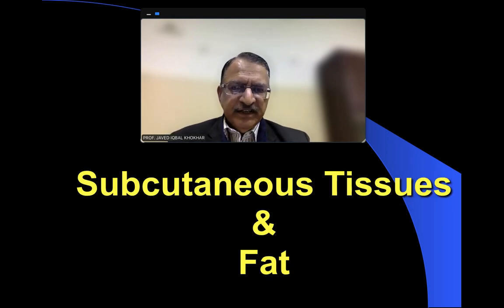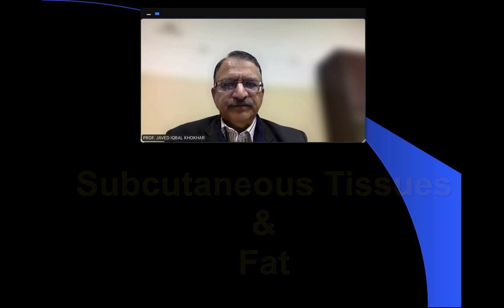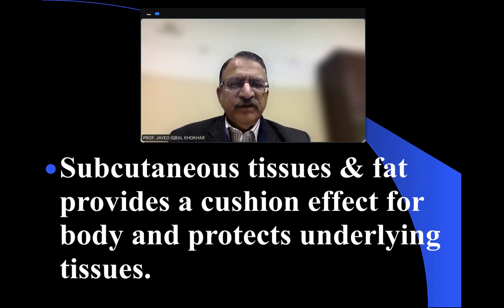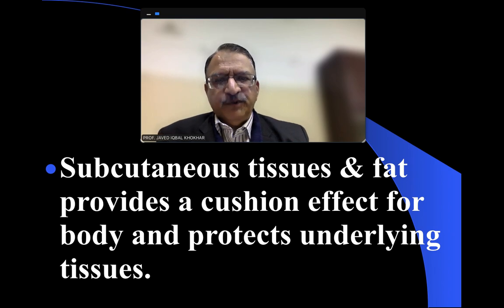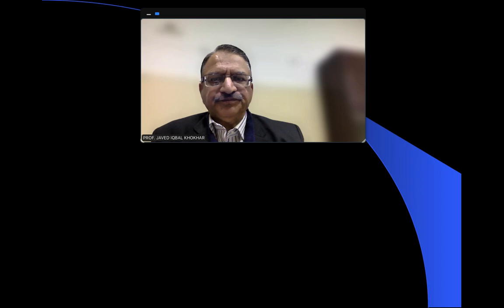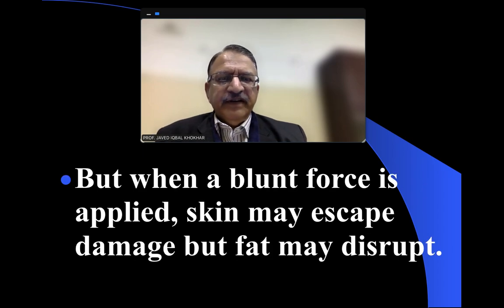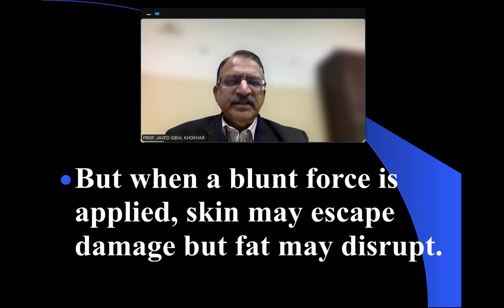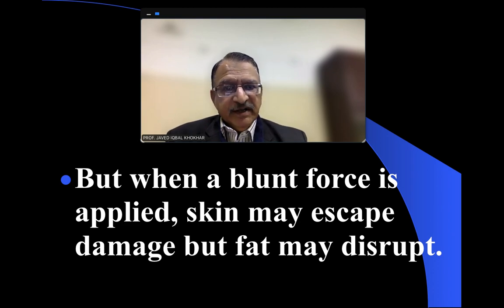Now the subcutaneous tissues and the fat, they provide a cushion effect and the underlying tissue gets protected by the subcutaneous fat and the tissues. But when a blunt force is applied, the skin may escape damage, but the fat and the subcutaneous tissue may disrupt.